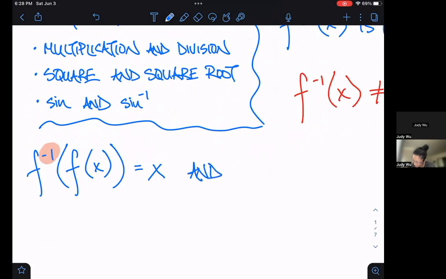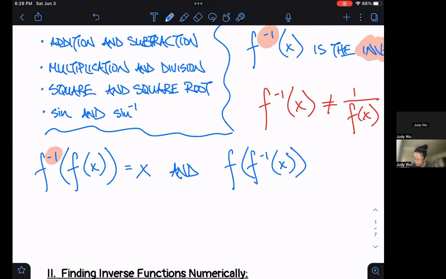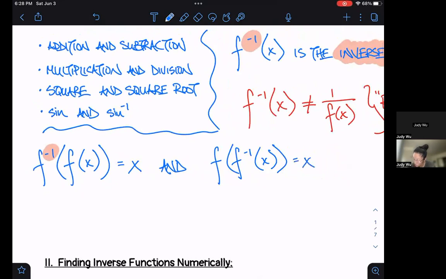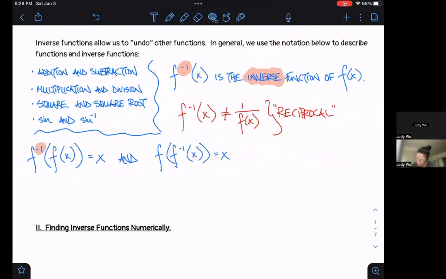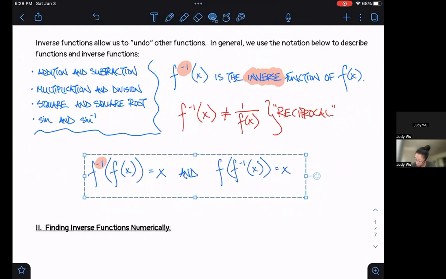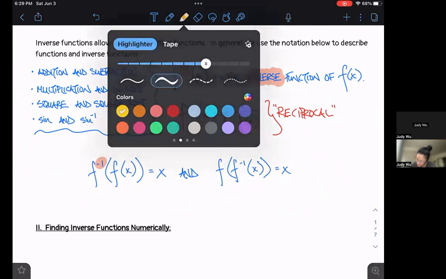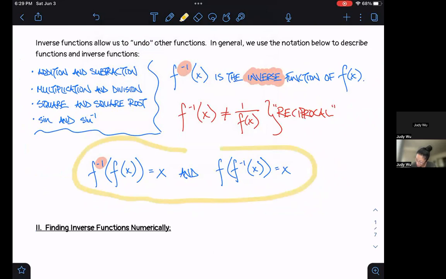And similarly, if I take the inverse function and I put it inside the original function, or I compose it with the original function, I should get the same thing I put into the inverse. Okay. So this is sort of our golden rule algebraically about inverse functions. If I compose a function with its inverse function, I should end up with whatever I put in.